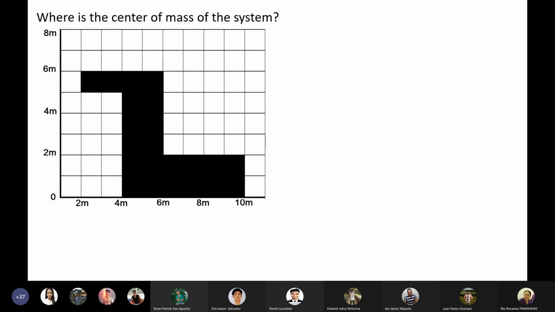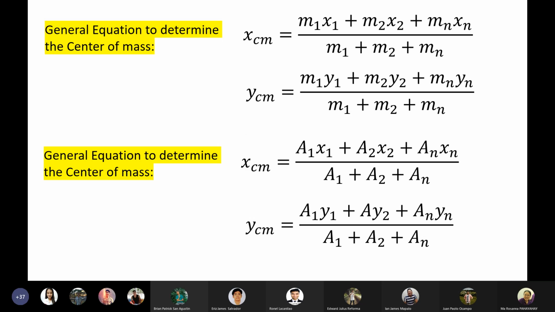So the other formula on solving the center of mass, if we will talk about area, is this. So, center of mass on X is area 1 times its position. Pag sinabi natin position is yung center of mass ng mismong area ha. For example, if it's square, nasa gitna.